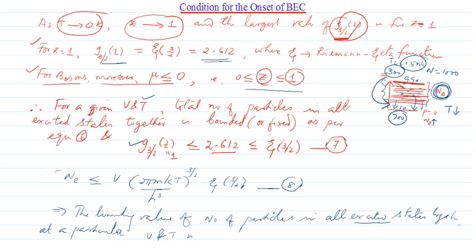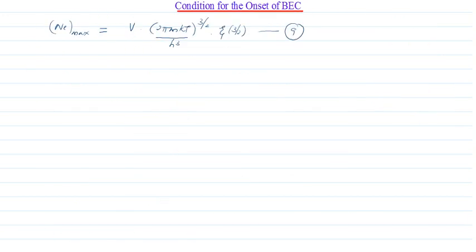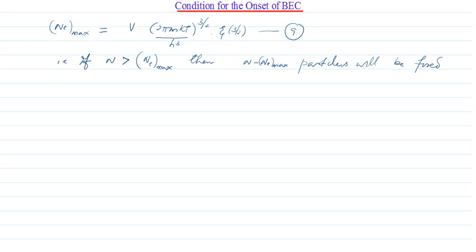So we can say that if N, the total number of particles, is greater than Ne max, given by equation number 9, then N minus Ne max particles, that means the remaining excess particles, will be forced to go down, or to use a better word, condense to the zero momentum or zero energy state.